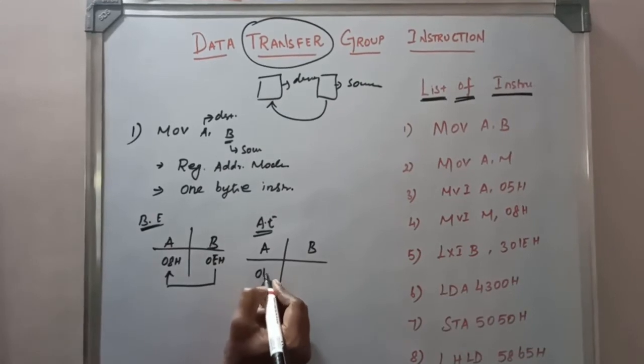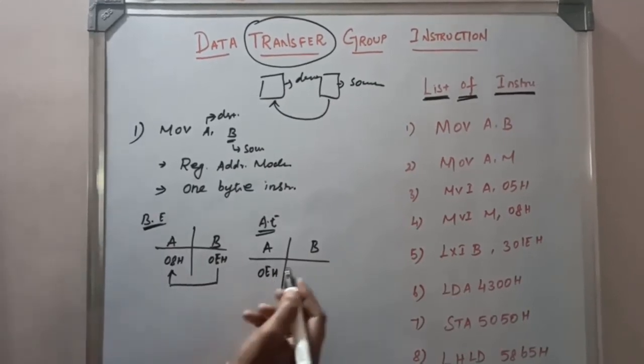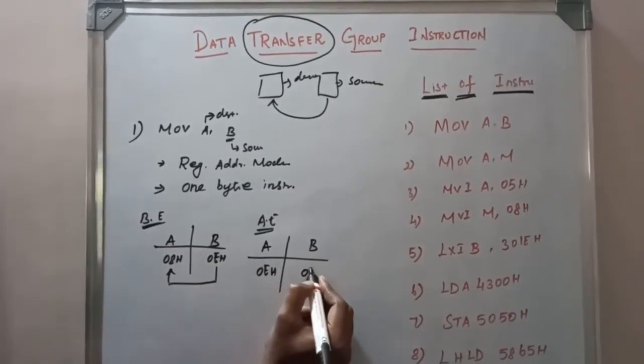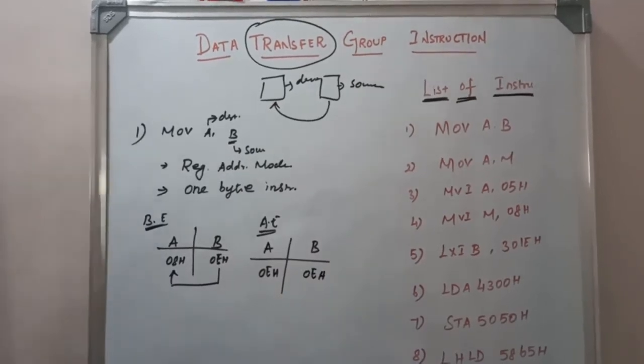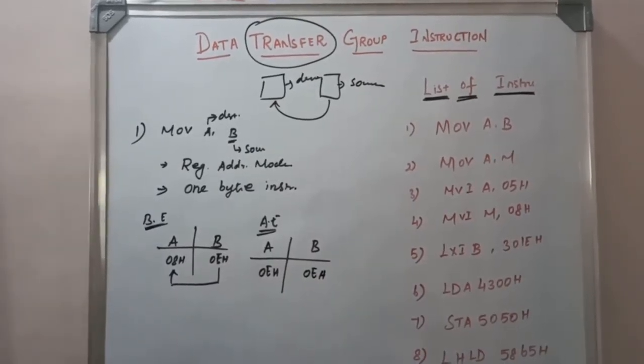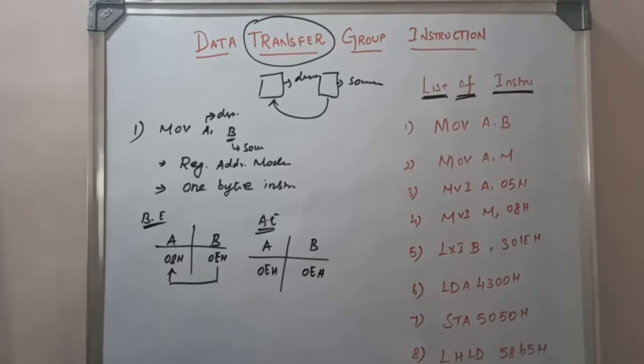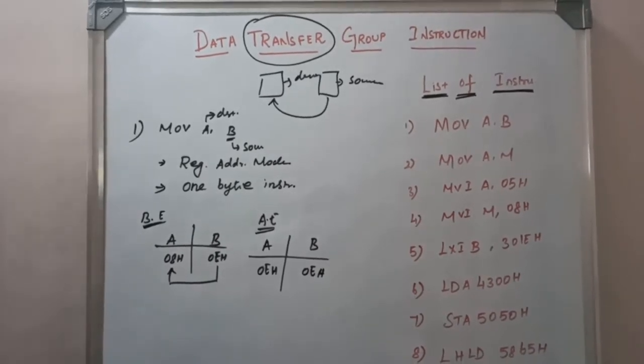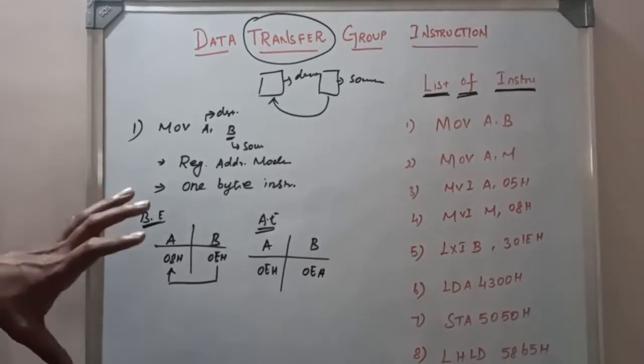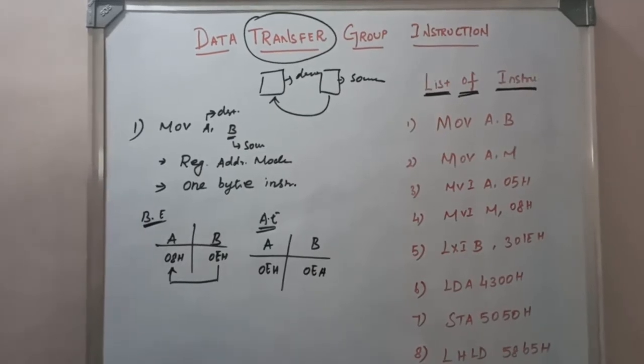Now A register value is 0EH, and B register is maintained as it is, the same value as before execution. So it is the first instruction of the data transfer group, transferring the content from B register to A register.